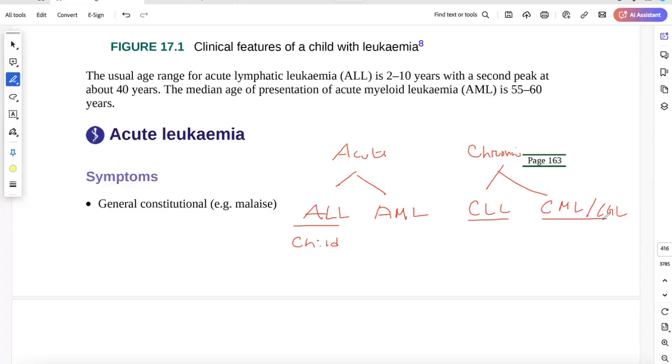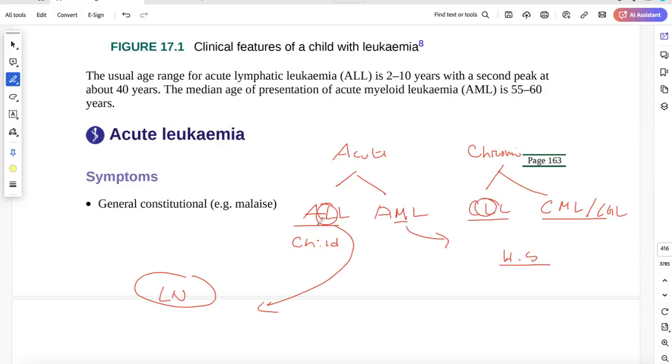So AML, CLL, CML are all mainly common in adult patients. Now, a patient who gets lymphoblastic or lymphocytic leukemia, their main presentation can be generalized lymphadenopathy. Whereas a patient who has myeloid leukemia, their main physical examination finding will be hepatosplenomegaly.